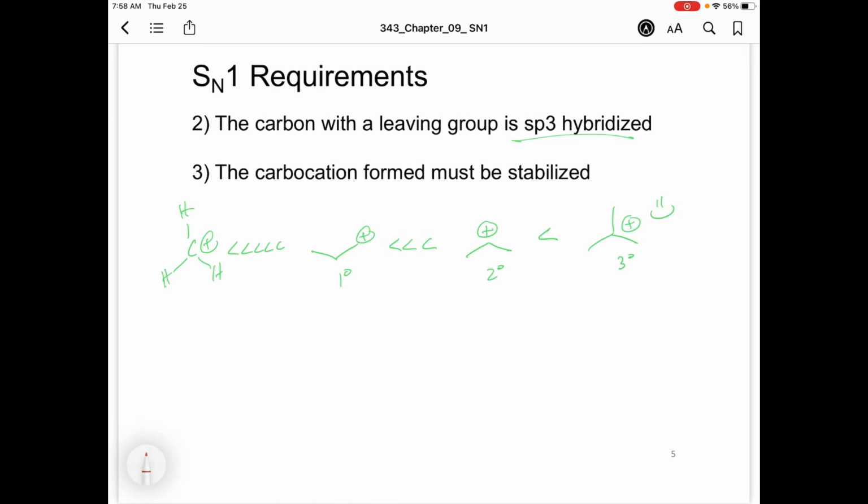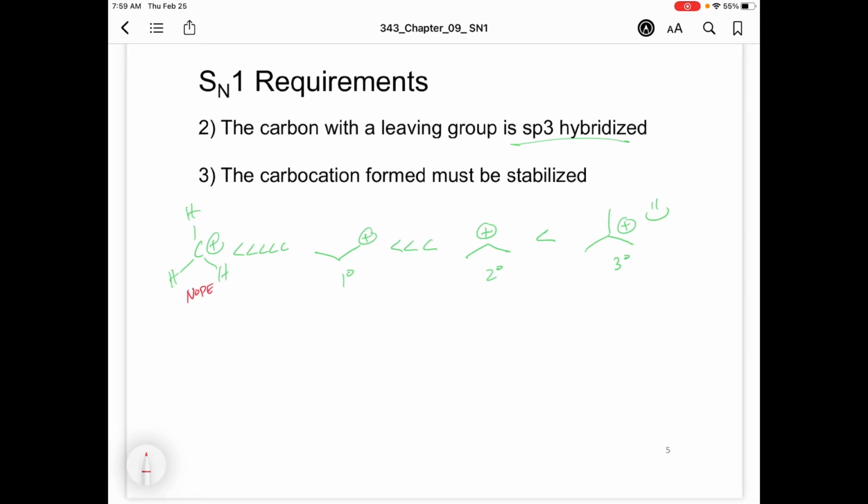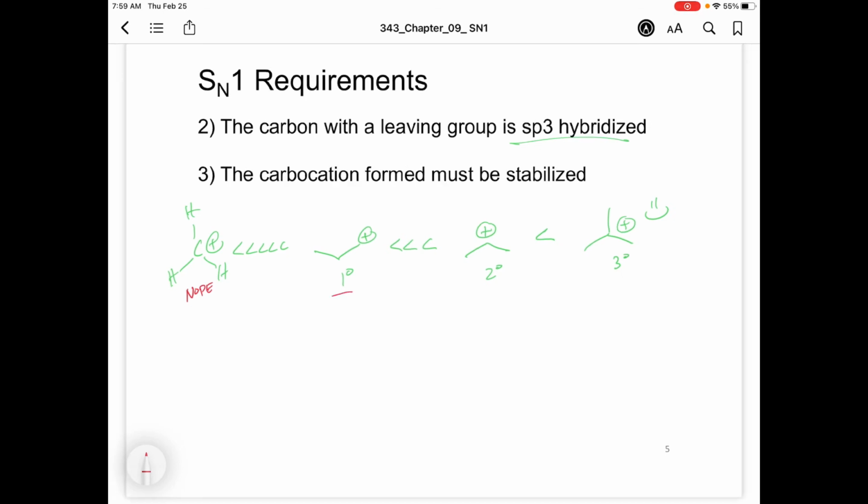So we talked about the reasons why this tertiary is more stable. So I'm just going to write nope underneath this methyl cation. Just don't form that. It's way high in energy. Not going to happen. This would be really slow. Typically, a primary carbocation is not going to form. We will get into rearrangement soon, okay?